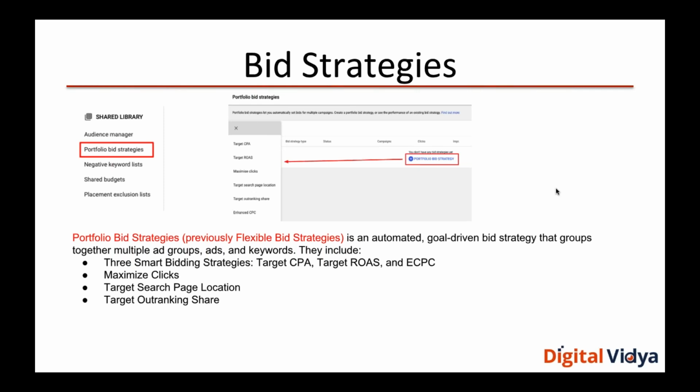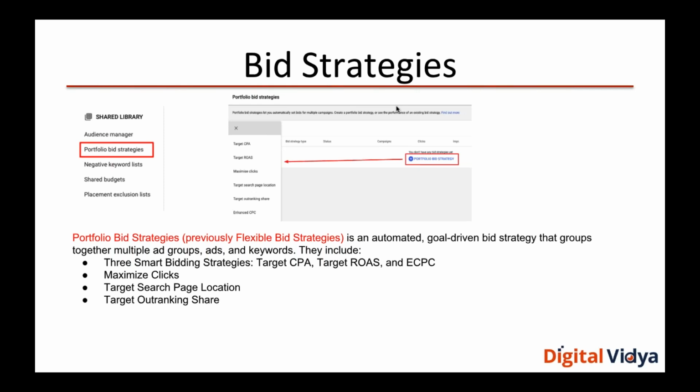That is slightly different from the next one, target ROAS. ROAS here means return on ad spend. Ad spend is the amount I have spent on my ad. Return is the revenue I generate from it. So in target ROAS, I can set a particular percentage as the target.